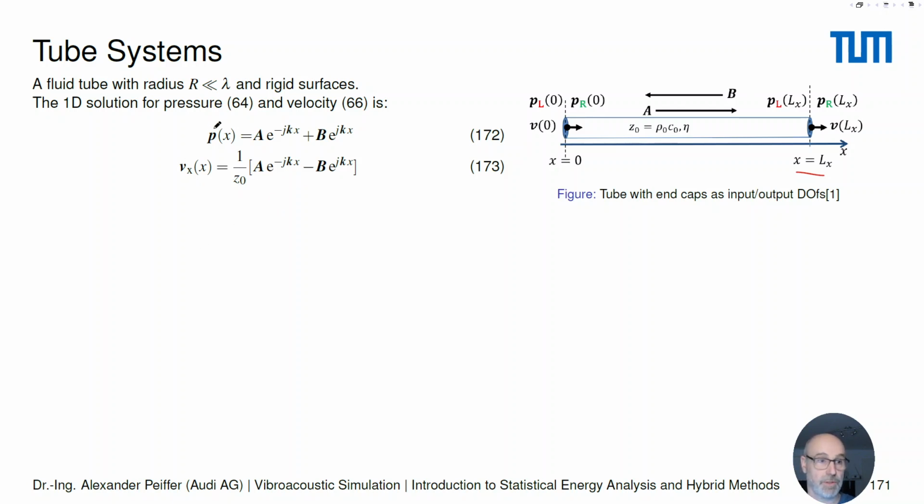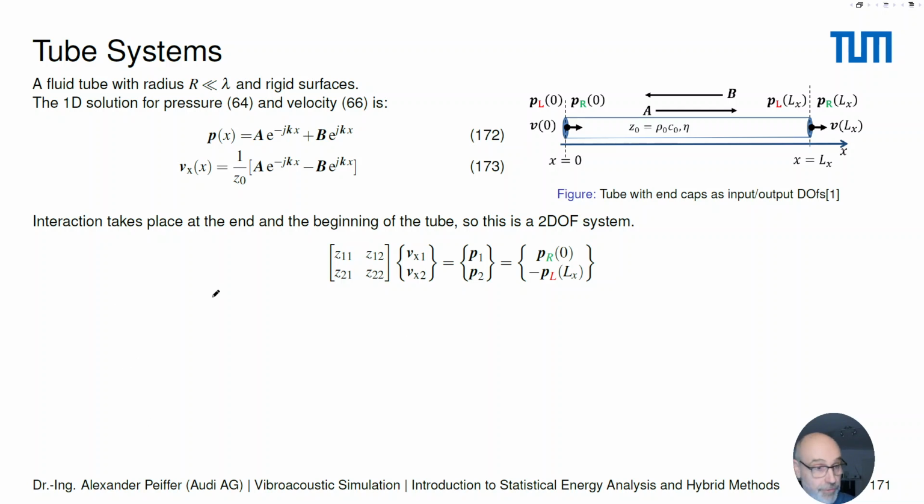It's the derivative of the pressure, and the relationship between pressure and velocity is given, as you know, by the characteristic impedance. And we have a negative value here for the back running wave. That would mean another velocity. Good. So we have now everything on board to solve this for specific inputs.